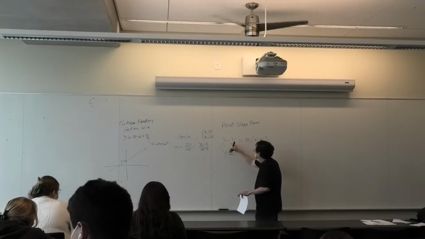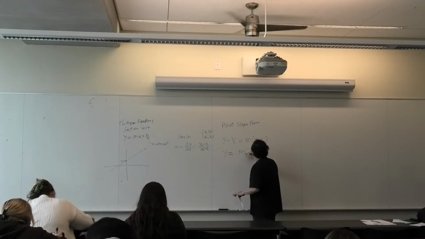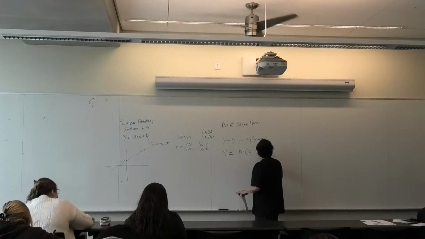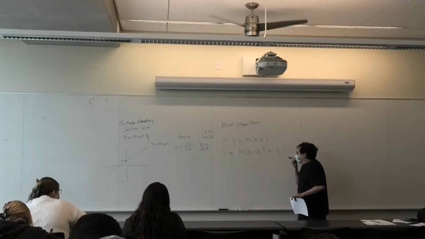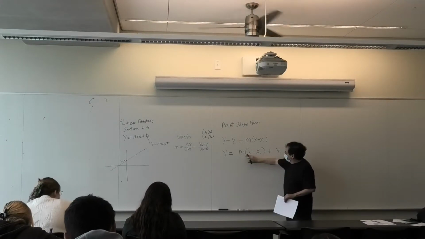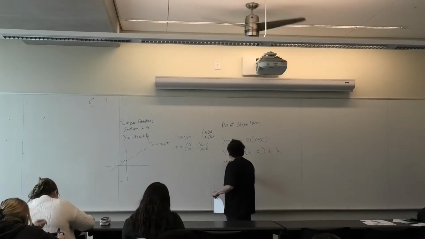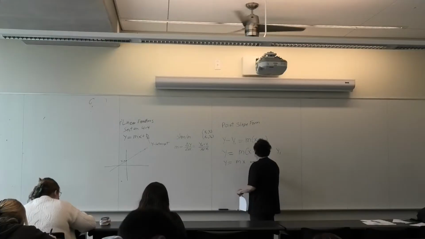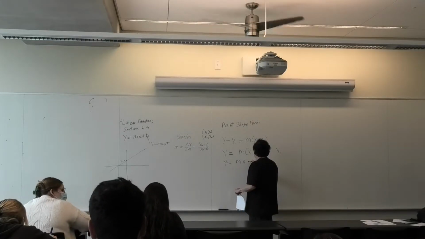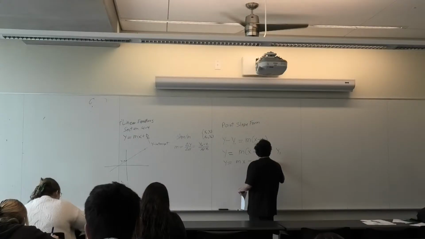That minus y1 plus y1 is going to go away. And then I'm going to use the distributive law, and I'm going to multiply through here. So I get y equals mx minus mx1 plus y1.